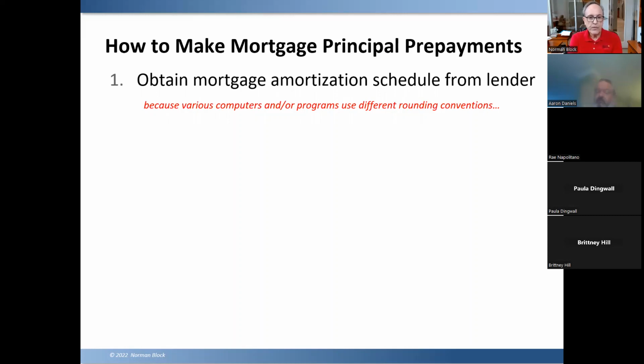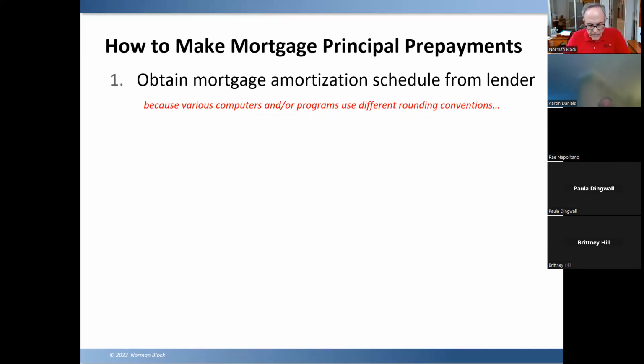Now, you and I both can figure out all they're going to do is print out an amortization schedule from their computer, but you do want to get it from the lender. In fact, lenders are supposed to give borrowers a copy of the amortization schedule at closing. Most of them do that today, but not all of them do.